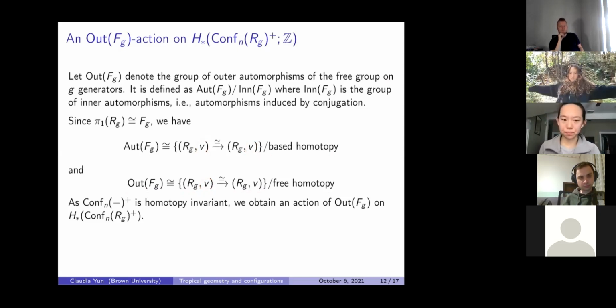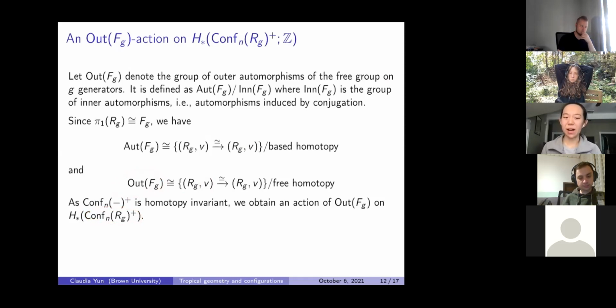And then because taking the compactified configuration spaces is homotopy invariant, we get an Out of G action on this space, and therefore also on its homology.